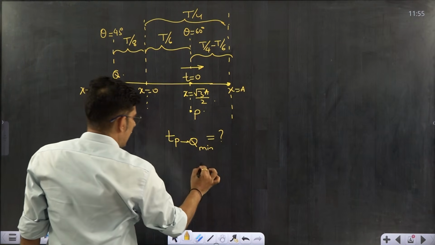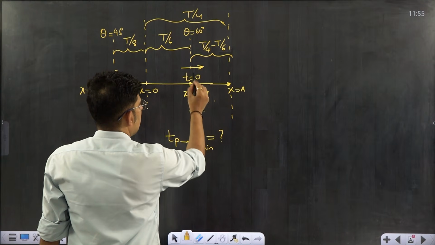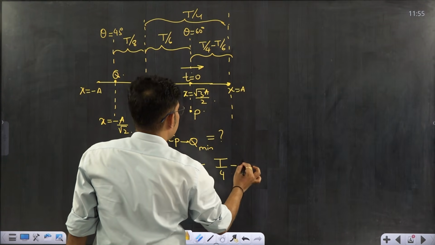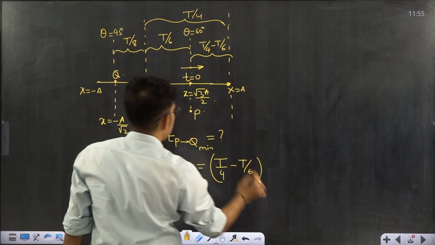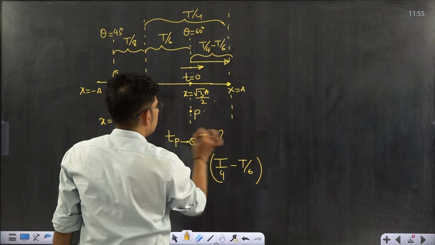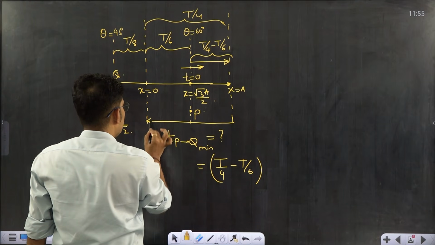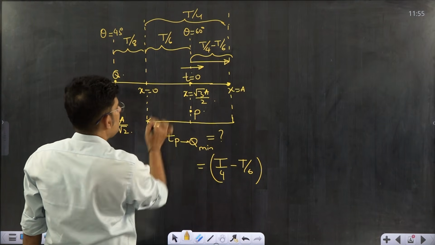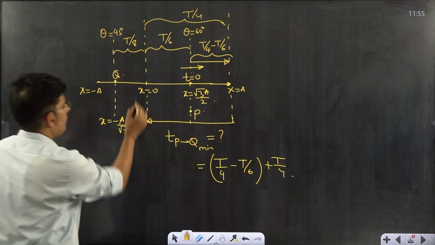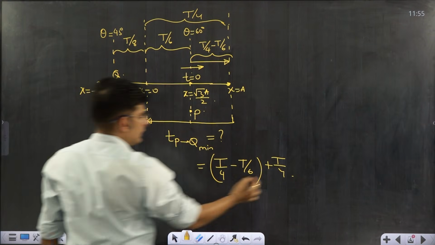So if you see the time taken, first you will go from here to here. How much time will you take from here to here? First you took T by 4 minus T by 6. See, from here first you went this side, then you came back to the mean position. What is this time? From here to here, the time is T by 4. And then from here to here, how much time will you take? You will take T by 8.